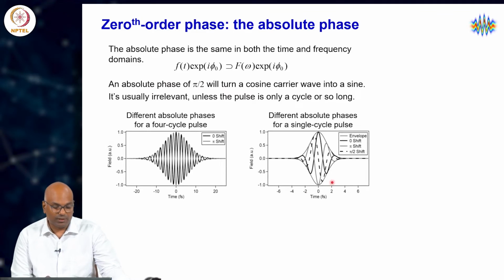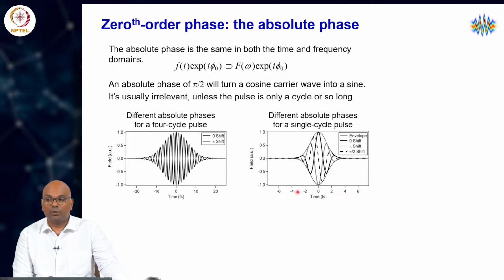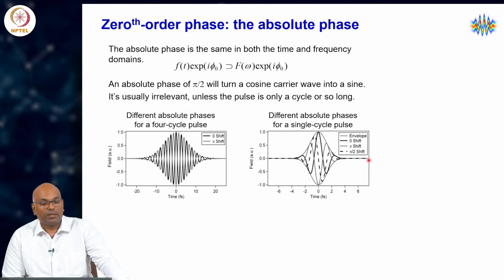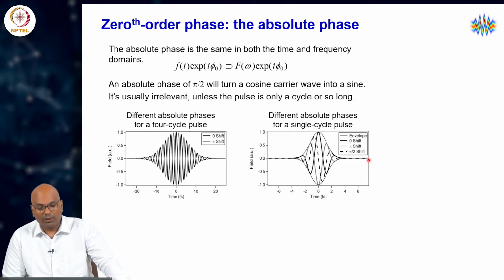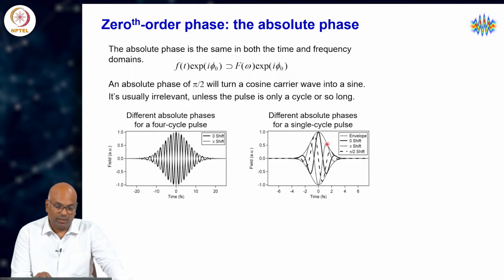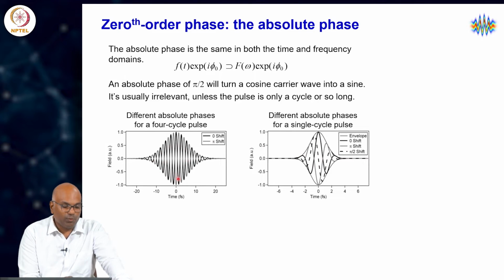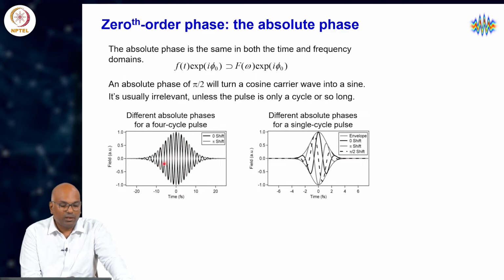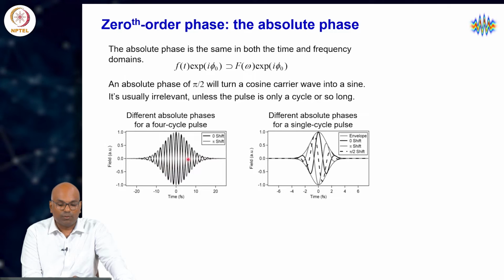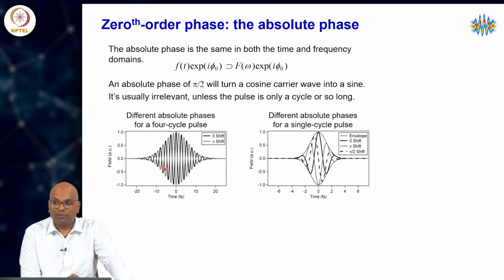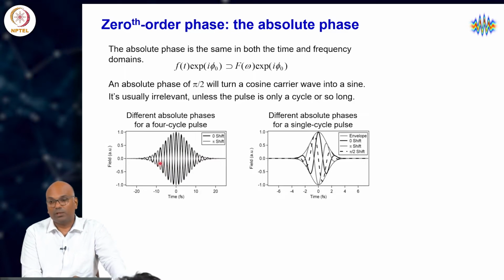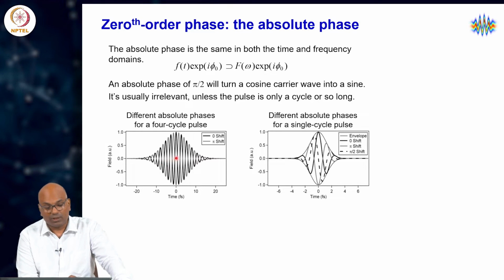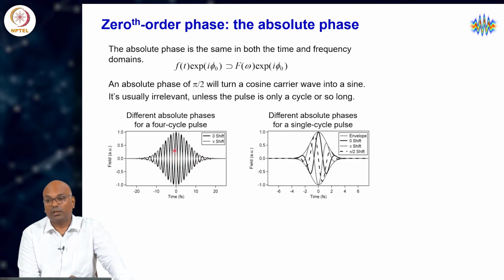The 0th order phase, in the case of very short pulses, a few or a couple of cycles underneath the envelope, has the physical significance of a descriptor of the shape of the electric field underneath this envelope. Whereas, if you had a few more cycles, 4 or 5 cycles underneath the envelope within the full width at half max, we probably will not have very distinguishable shapes of the electric field, and it may not work out to do field sensitive measurements, or measurements sensitive to the shape of the electric field of the pulse.